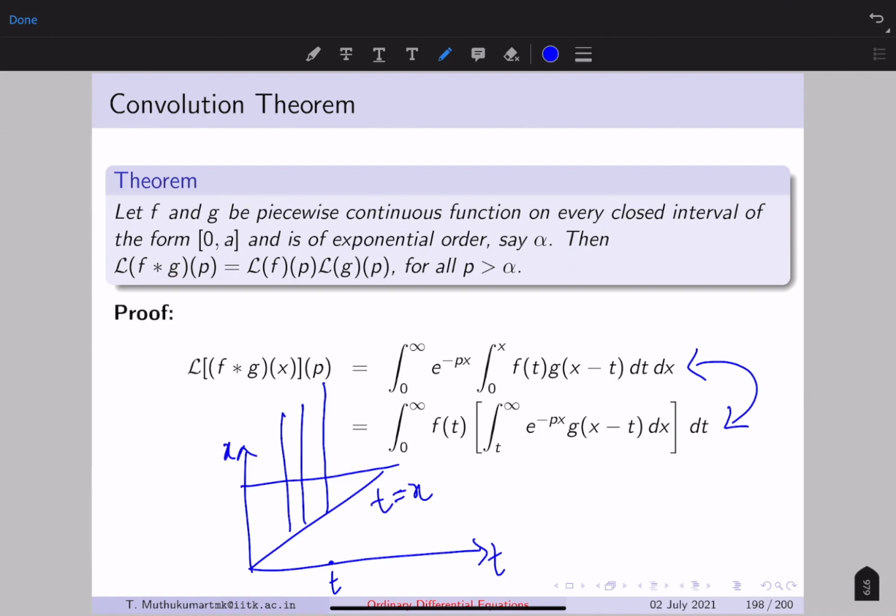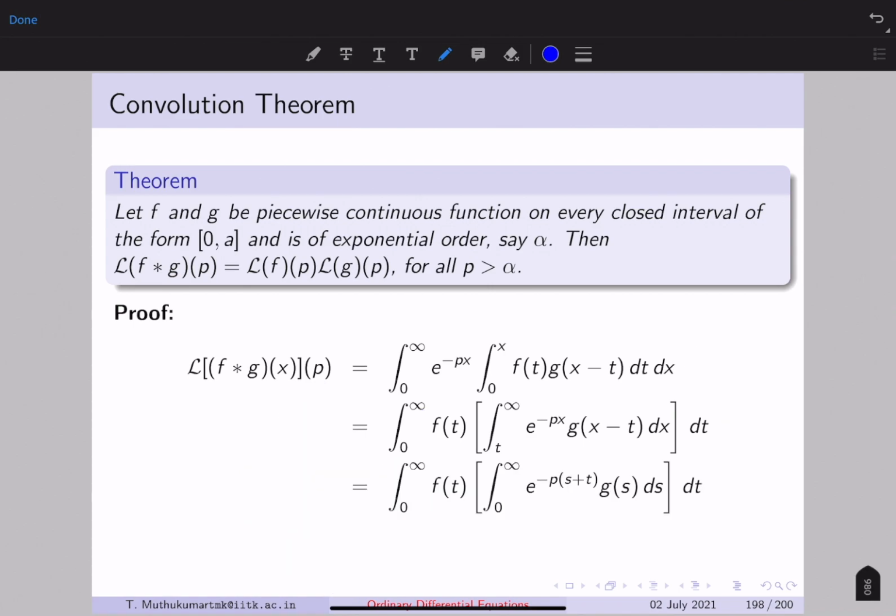Okay, so once you have done this, you see that for the t variable it's 0 to infinity, and for the x variable you have t to infinity. Now you introduce a change of variable, which is you call x minus t as s. So if s is x minus t, then x is s plus t.